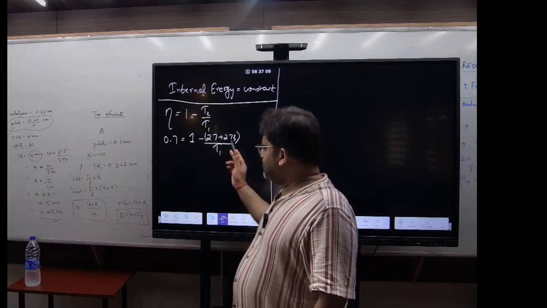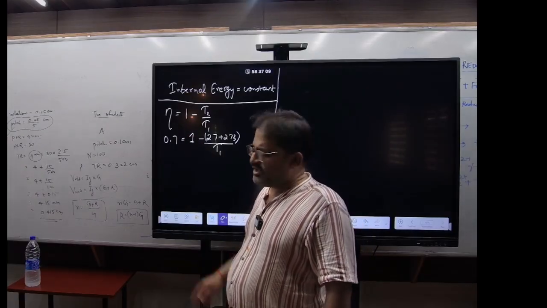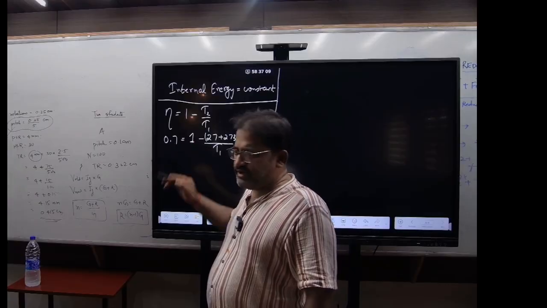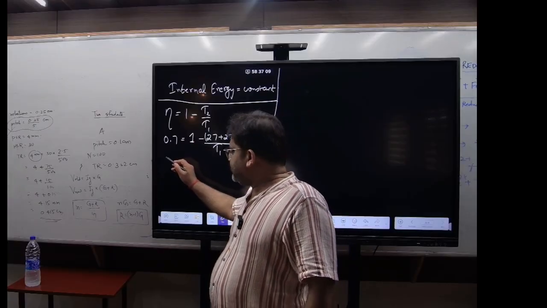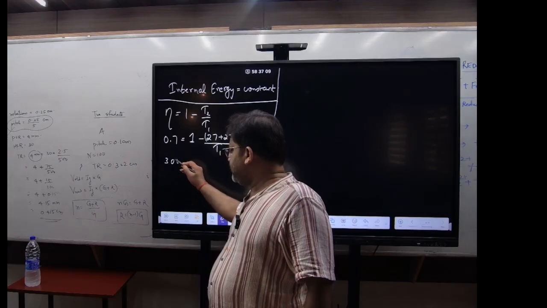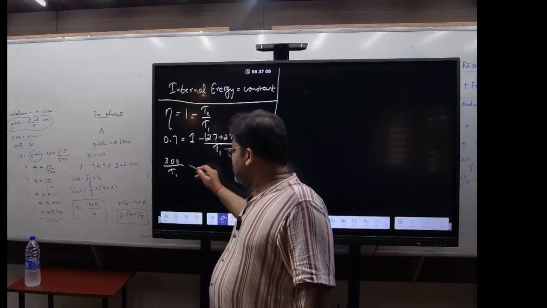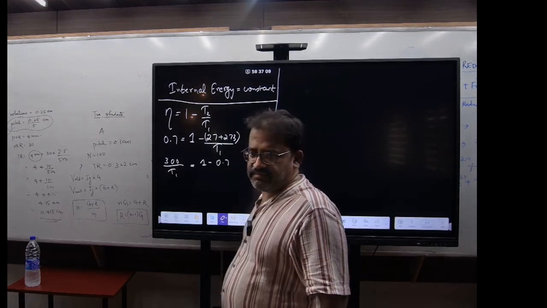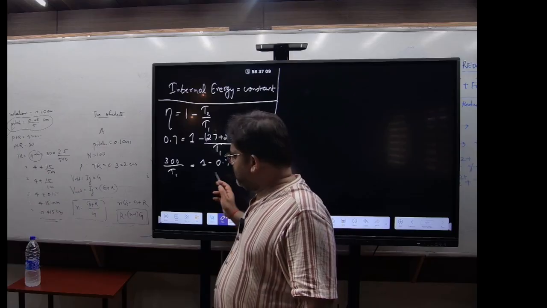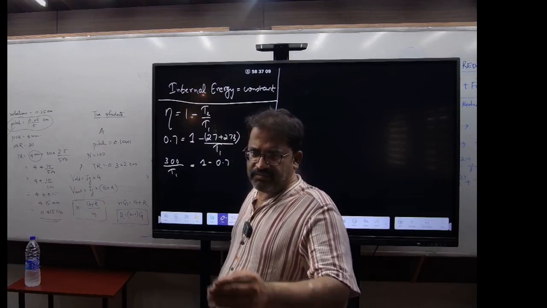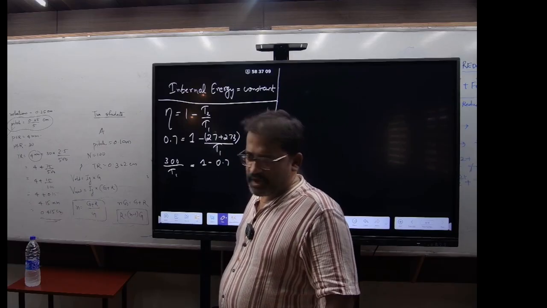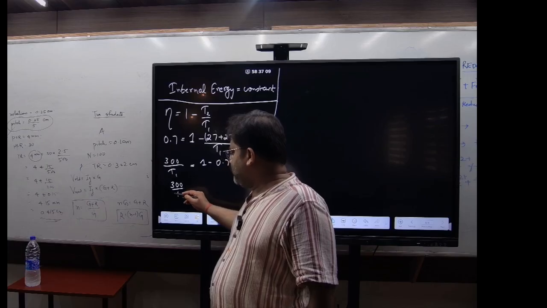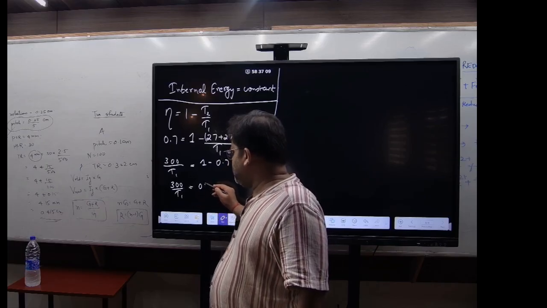Now take this term to the left hand side, take this term to the right hand side. Therefore, we can write 27 plus 273, that gives me 300, divided by T1 is equal to 1 minus 0.7. So what is 1 minus 0.7? It is 0.3. So therefore, 300 by T1 is equal to 0.3.